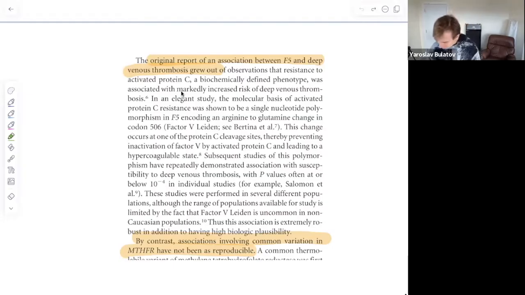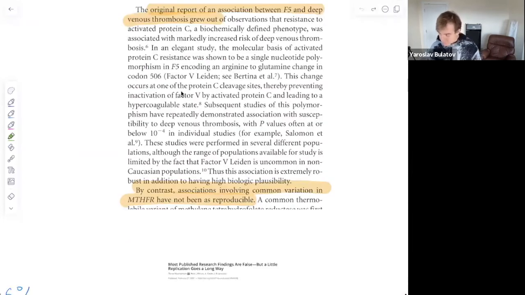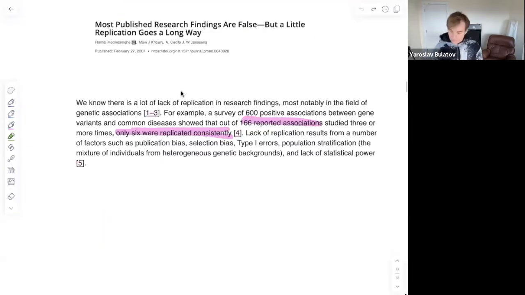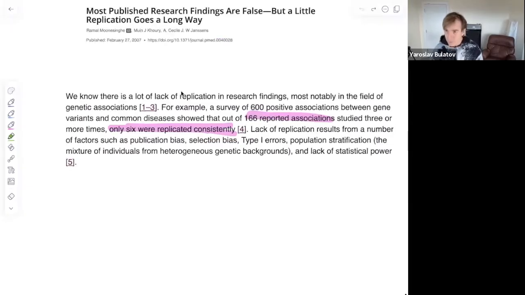One example is the gene F5 and deep venous thrombosis, which is a very good prediction, but there are some associations which are bad. To summarize, there have been 166 associations which were studied 3 or more times, and out of them, only 6 were actually useful in practice.